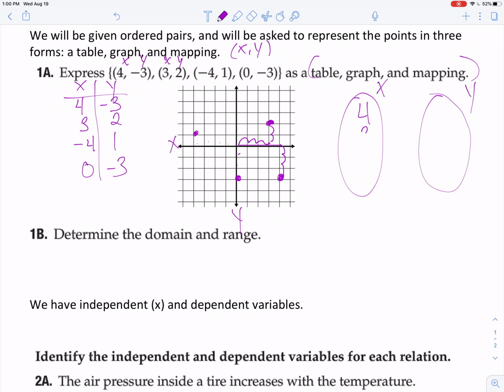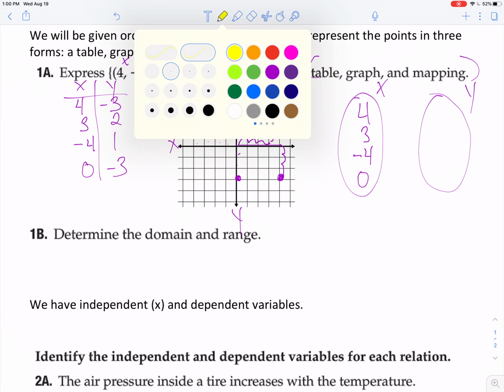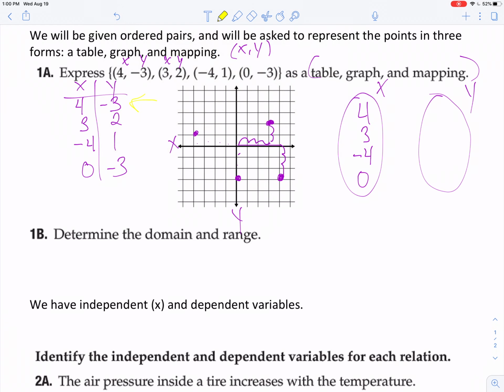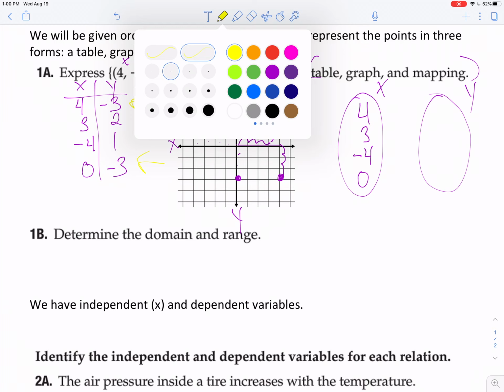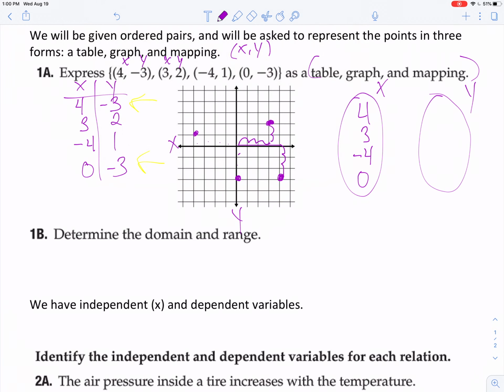Just write your 4, your 3, your -4, and 0. But notice for y, you see how I have 2 -3s? Okay, let me draw some arrows at them in case you can't see them. Only write it once. So -3, 2, 1. Oops, I already have -3 written, so I don't have to write it again.